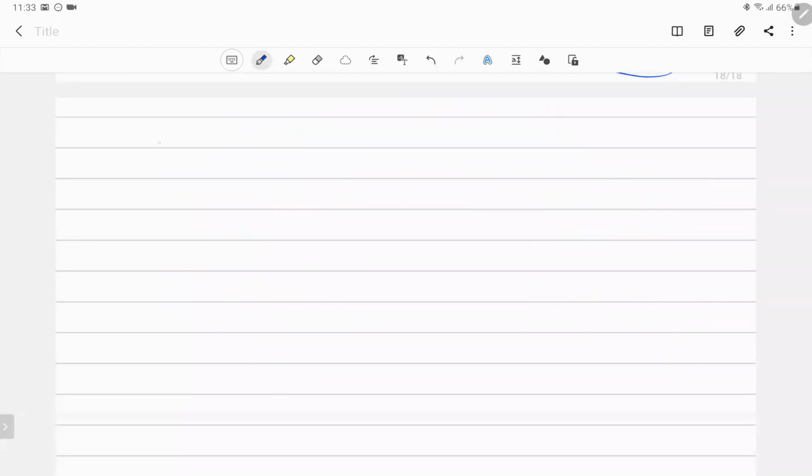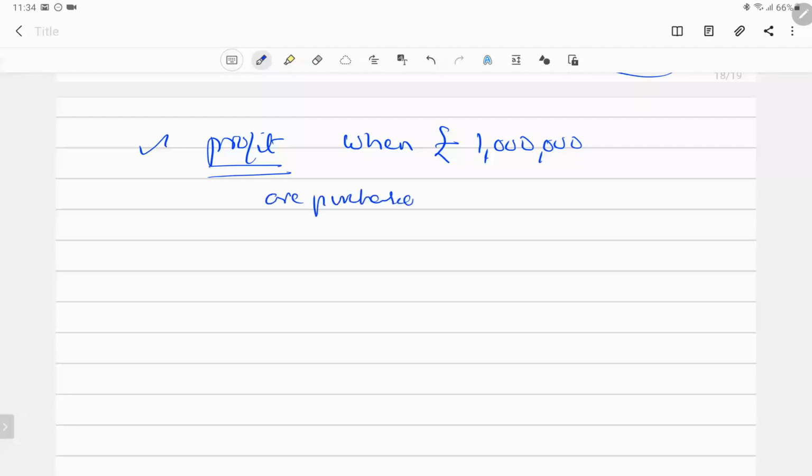Suppose there is an example: what will be the profit when the pounds are purchased at a rate of, suppose, 1 pound is US dollar 1.4450.